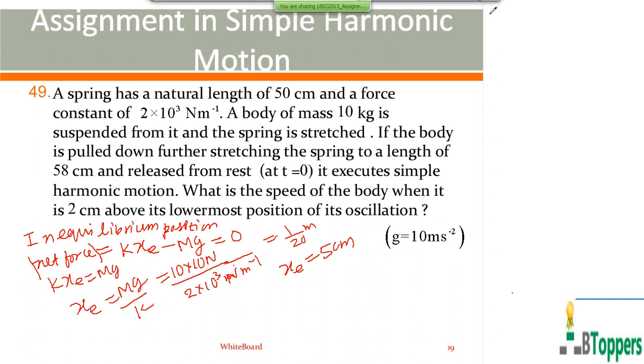So the natural length of the spring, which is usually denoted by L naught, that is the length of spring when no mass is suspended, is 50 centimeters. At the lowest position, at equilibrium position, it has elongation denoted by xe.